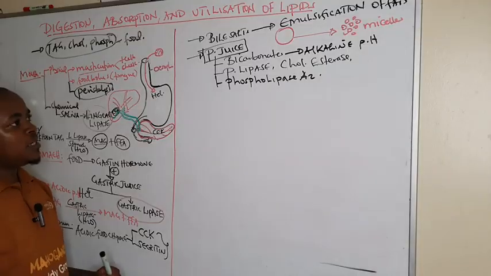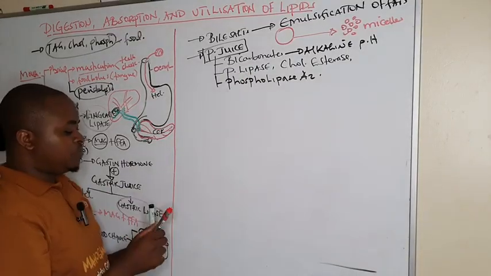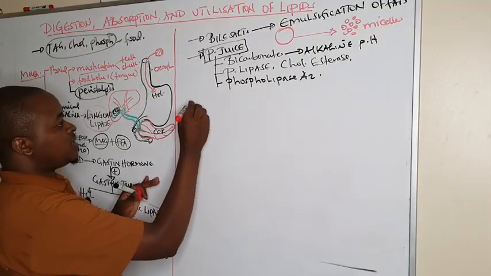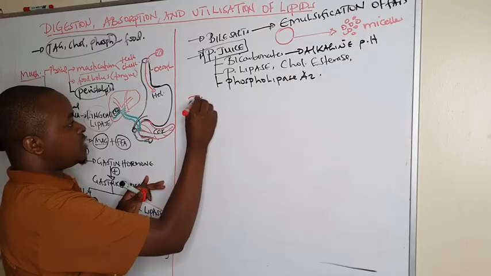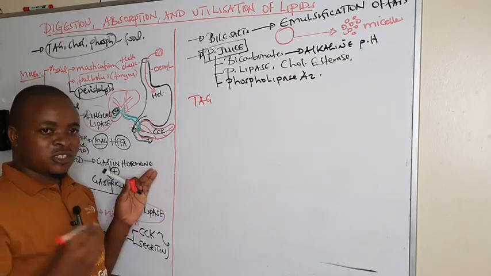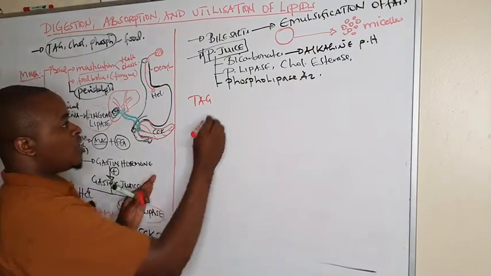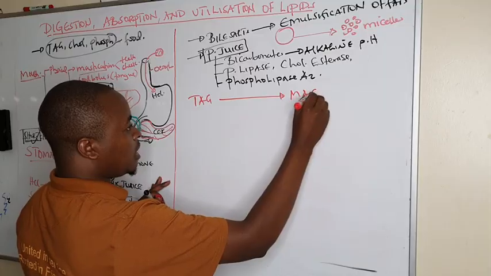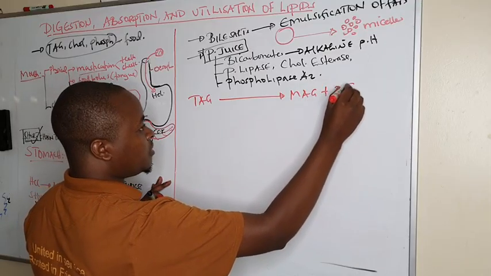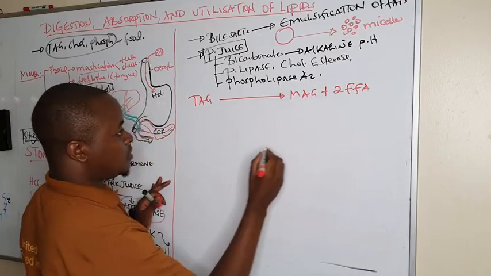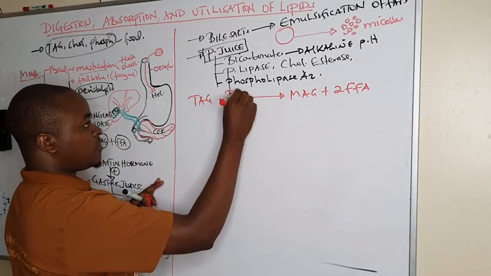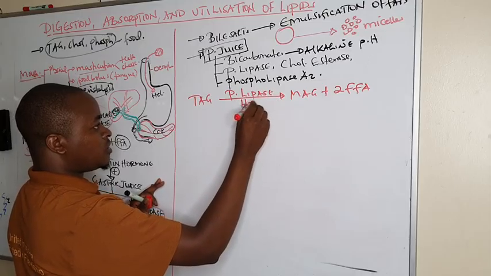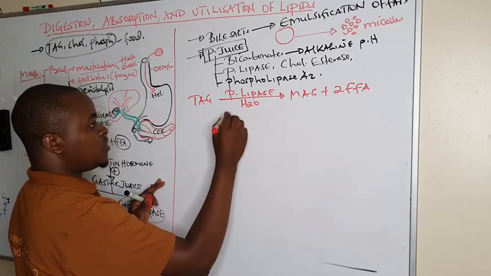And we're going to see that pancreatic lipase is going to break down triglycerides. So the triglycerides, both the short chain and the long chain, are broken down to monoacylglycerol plus 2 free fatty acids. The enzyme is pancreatic lipase in the presence of water, so the reaction is hydrolysis.